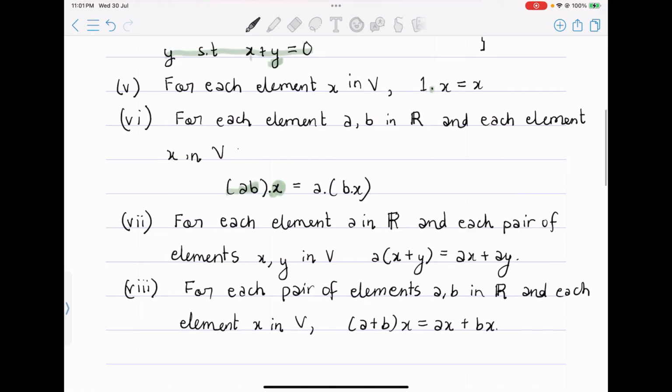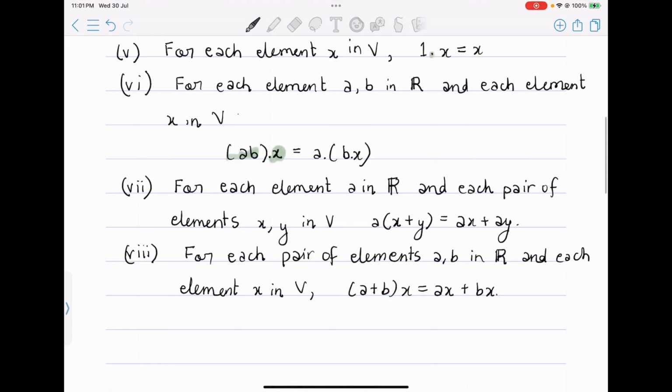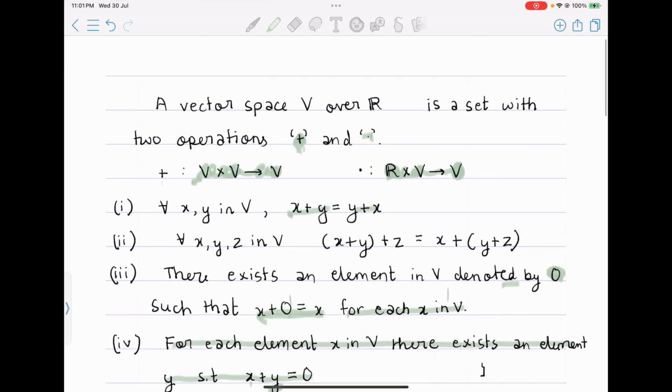What I want to say is this: if you take one element of V and another element of V and add them, you will get a vector back.